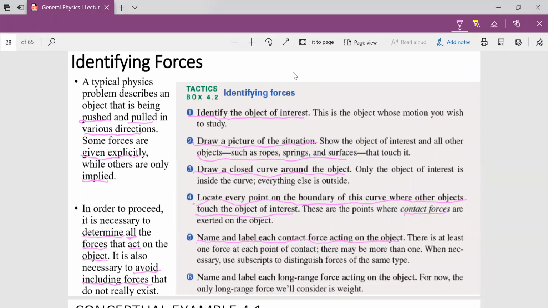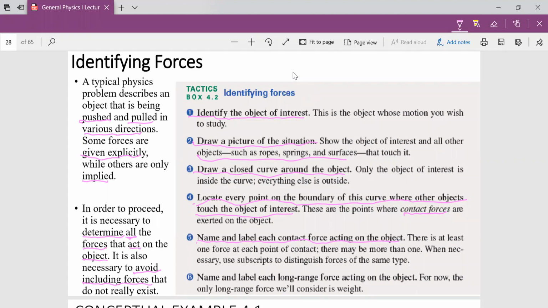For example, if the object is tied to a rope, you already know that the kind of contact force there is called tension, because the force on the rope is called tension. So you name the kind of contact force that is around that object. Okay, so you can either write it out or use the symbol that we've already learned in our last class. Each force has its own symbol. So once we see the symbol, we already know what you mean.